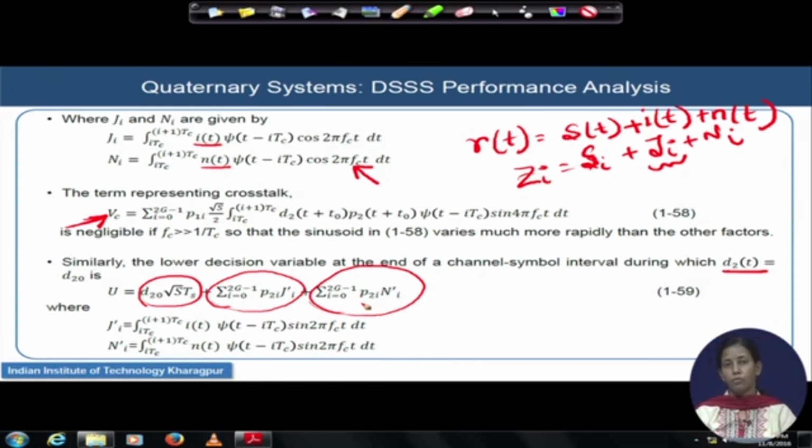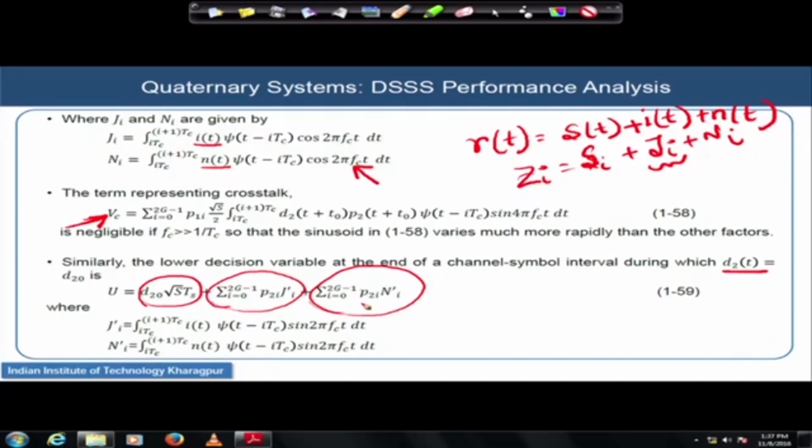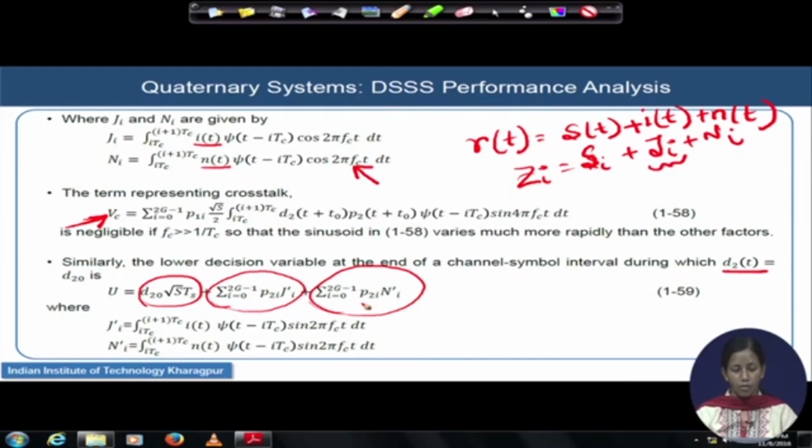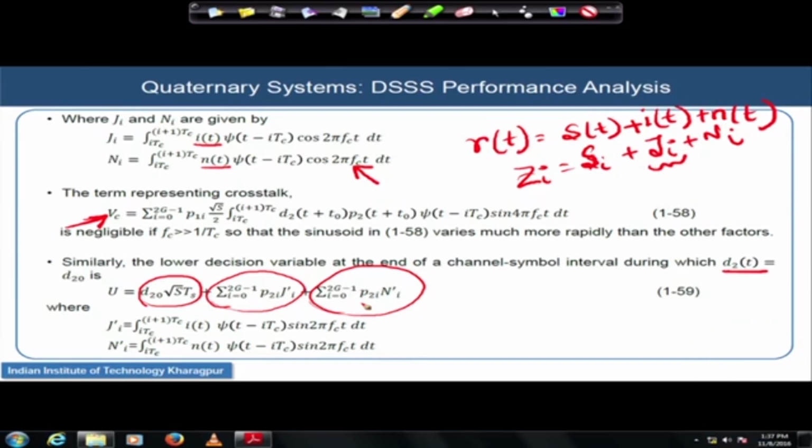Remember one thing, though you are processing in parallel for two different carrier signals, the contribution of the jamming signal and the noise signal will be equivalently added on both paths. So, if I know the contribution and the expression over one path, it will be simply replicated over the next path, as the combined effect of the jamming plus the noise.